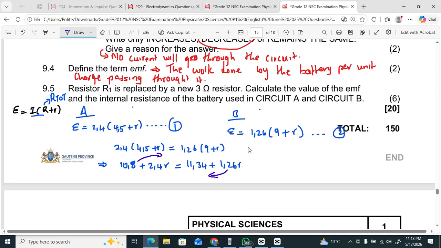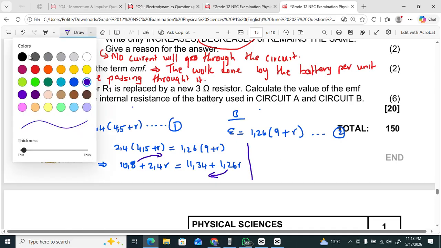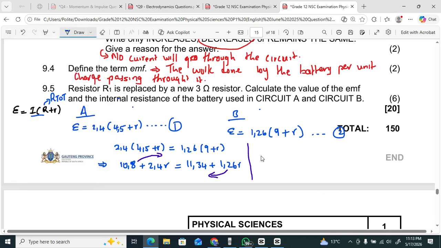So what is that giving me? Let's quickly work on that. We said that 10.8 will go to the other side. So this side, I still have 2.4R. From this 2.4R, I need to subtract something.